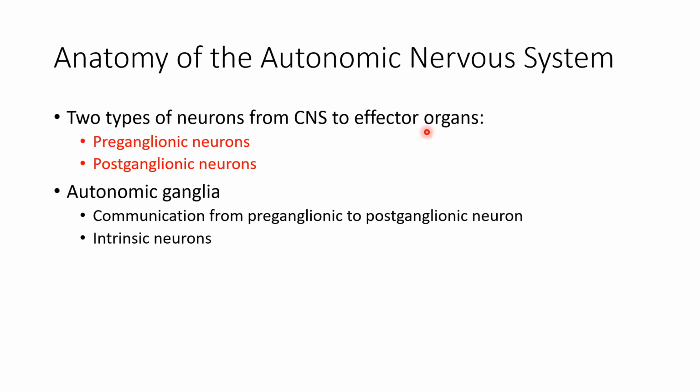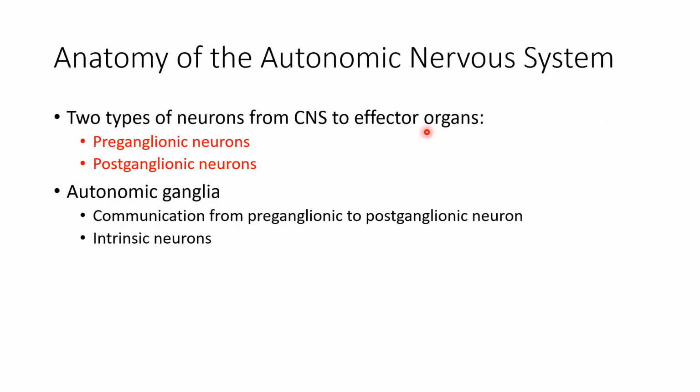Okay, I'm getting another question here. Does the ganglia just refer to a synapse in the autonomic nervous system, or is there a functional difference from other synapses? That's a great question. It's just referring to a synapse that's not in the central nervous system. It's autonomic specifically when you look at the autonomic nervous system, but we do have other types of ganglia.